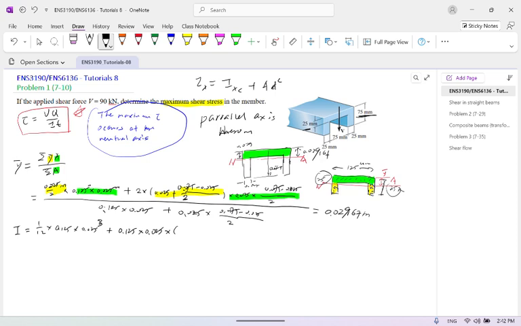So you see the distance here, and this one, the distance. Okay, so from here it is 0.029167 minus 0.025 divided by 2. So that's the height.